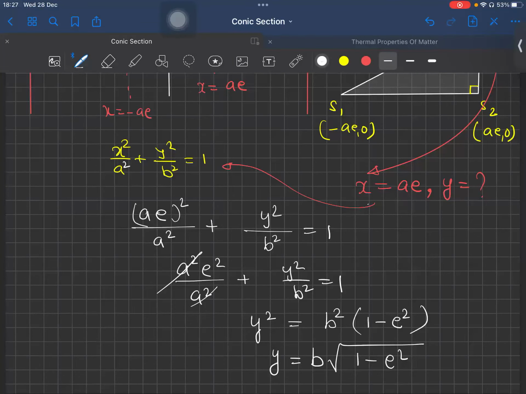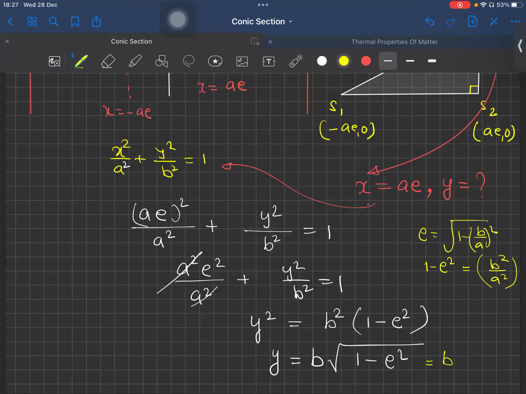Okay, so what do we know? e is equal to square root of 1 minus b upon a whole square. Okay, so 1 minus e square is equal to b square upon a square. If we substitute it here, what will we get?